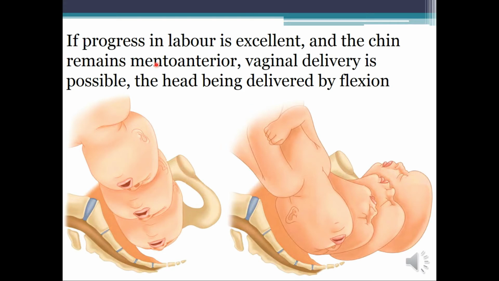If progress in labor is excellent and the chin remains mento-anterior, vaginal delivery is possible, and the head is delivered by flexion. Here, as you see, orbital ridges, nose, eyes, malar eminence, mouth, chin.